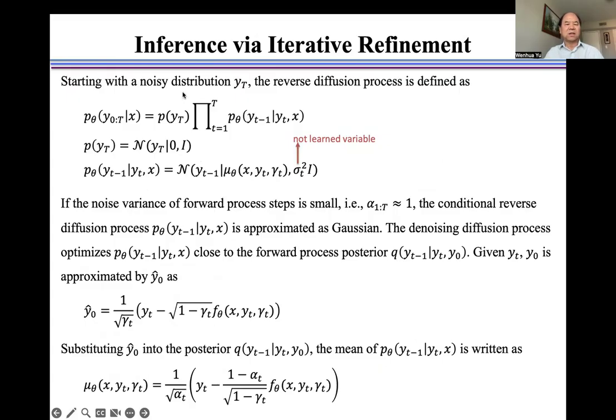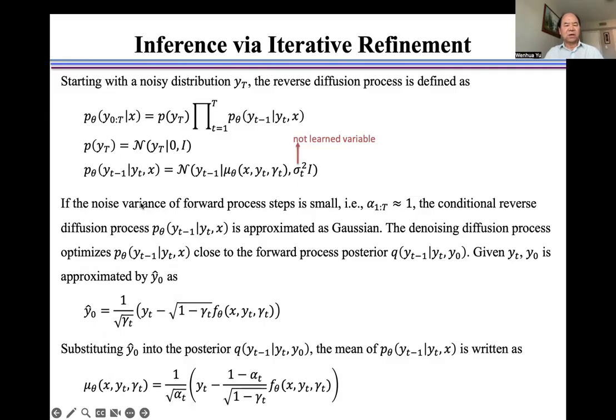Starting with the noise distribution yT, the reverse diffusion process is defined here. This is a joint probability distribution of y0 to yT conditioned on X. This is the probability of yT and this transition.